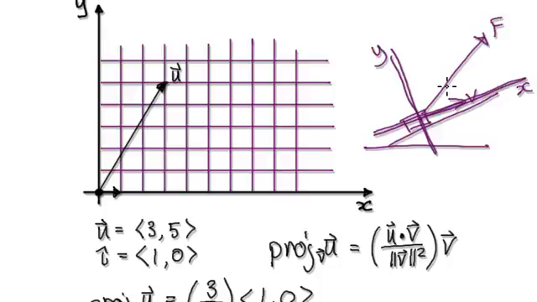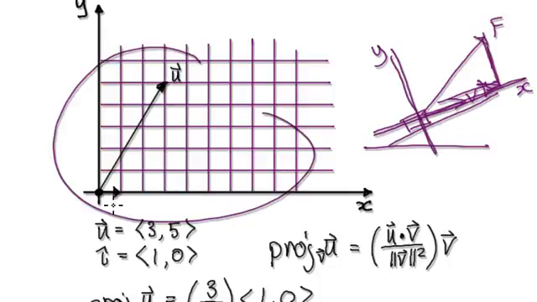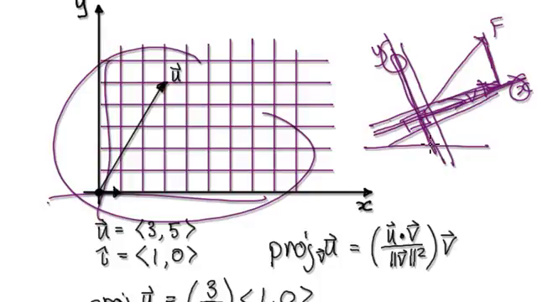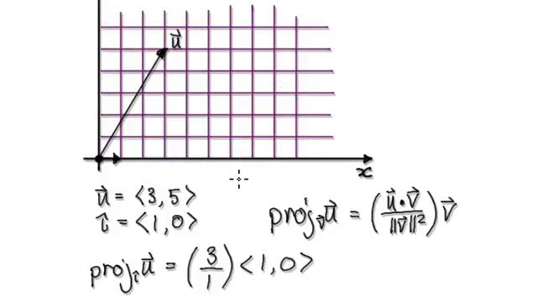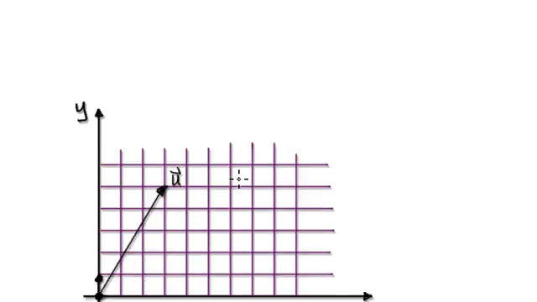This is your x, this is your y, and you can project onto here. It's easy now because we set it up nicely, but in the future our x and y axes won't be horizontal and vertical. They will be at an angle. So I hope you can see that. Now let's continue.